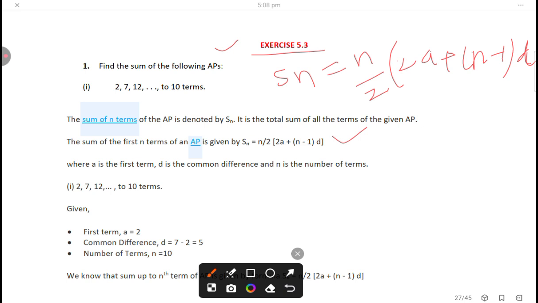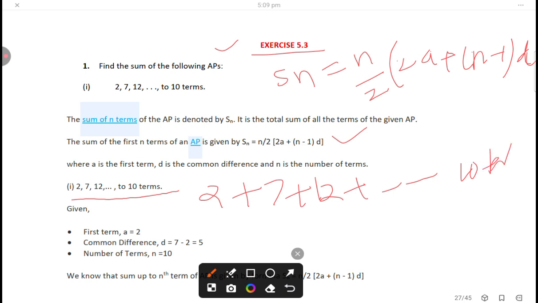So the first question: 2, 7, and so on, up to 10 terms. So we need to find 2 plus 7 plus 12, and so on up to the 10th term. So here a equals 2. The common difference is 5.